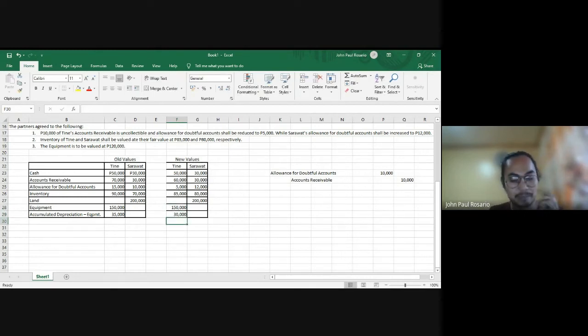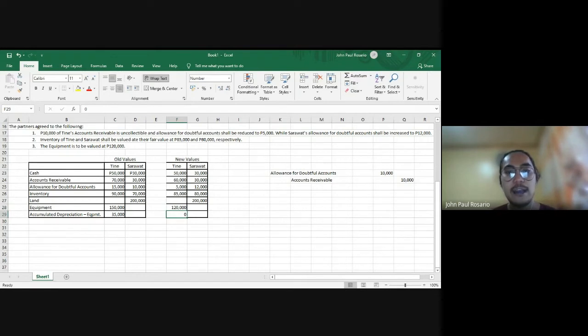This would be okay if the asset contributed is the accounts receivable, but if the asset contributed is your equipment, then this valuation is a no, because we have to reduce the balance of our accumulated depreciation to zero, and we assign the whole new value of your equipment to the equipment account itself.